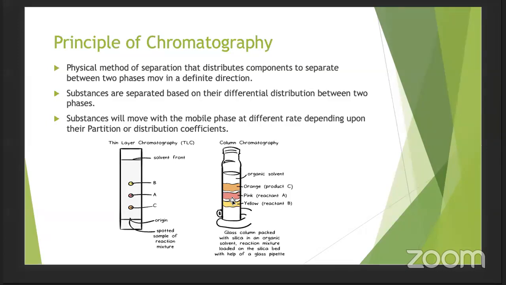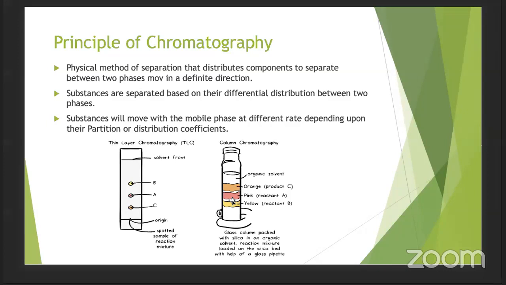The third one is ion exchange chromatography. Any question or something? I assume no. In ion exchange chromatography, there is an exchange of ions.